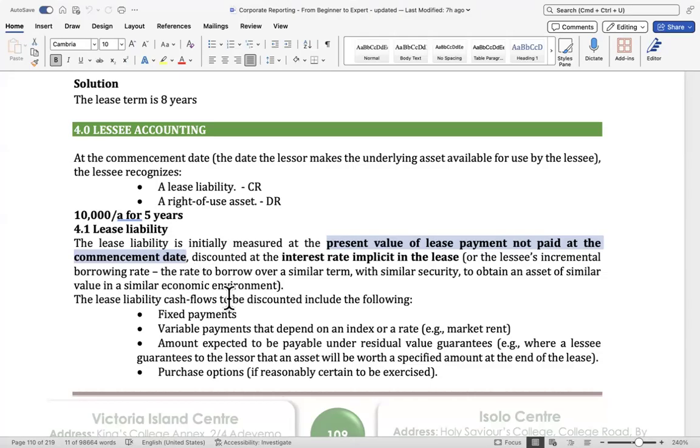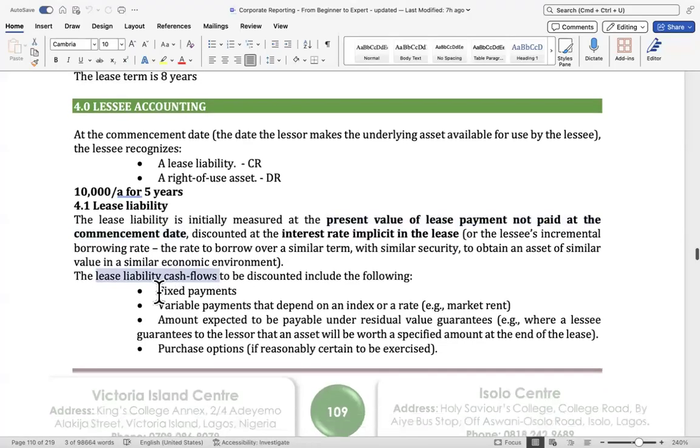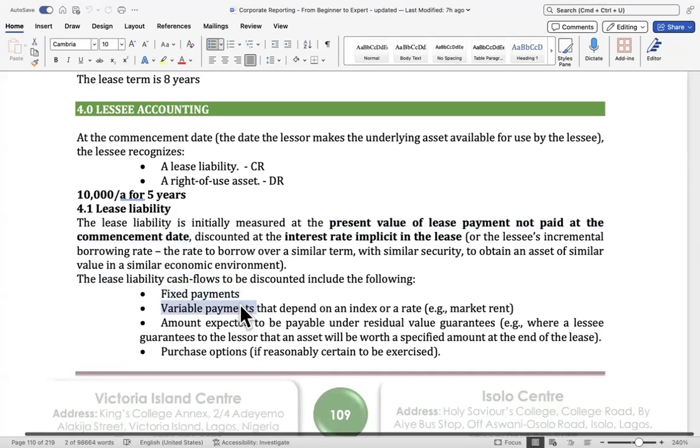And I also mentioned that these lease liability cash flows, which are basically the lease payments, could be fixed amounts. It's usually considered as part of the lease payment from the outset. It could be variable payments.